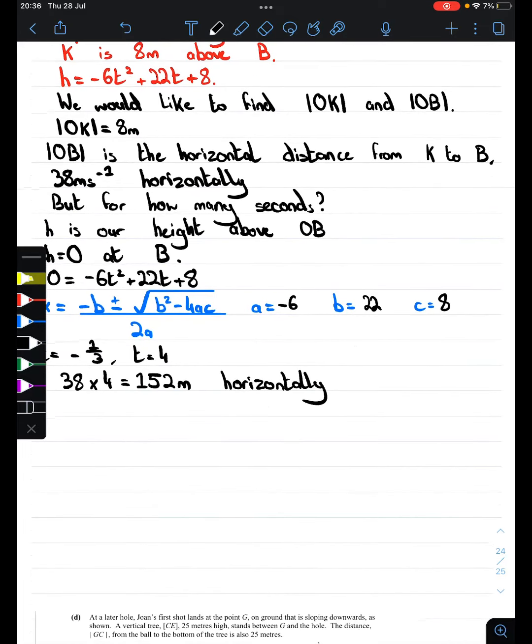We're trying to find h. If we were able to get CD, then because of this formula we would be able to get h pretty much straight away. So we would like to figure out this length here, CD.